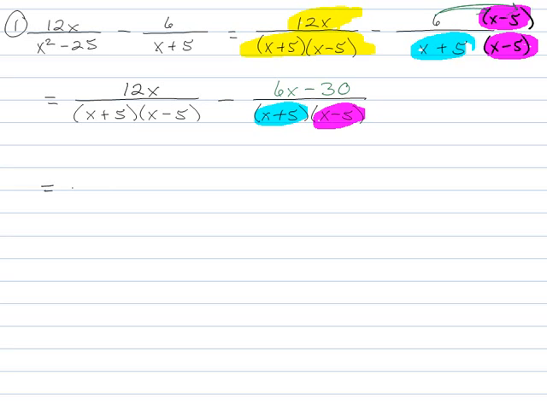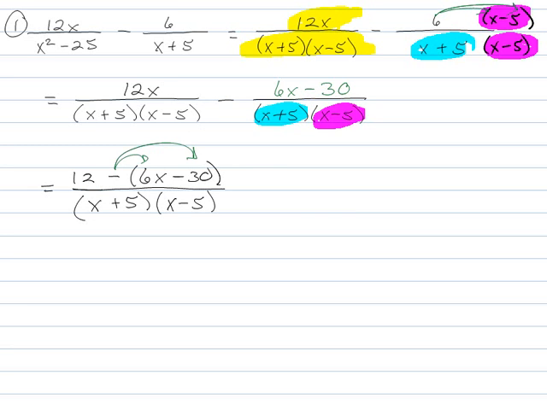Now I can combine these, again, all over the same common denominator, x plus 5 times x minus 5. I've got 12x minus, and I need to be very respectful of that minus sign, minus 6x minus 30. And make sure that stays in parentheses, because I have to distribute that negative sign across, and that's something that we always forget to do, usually.